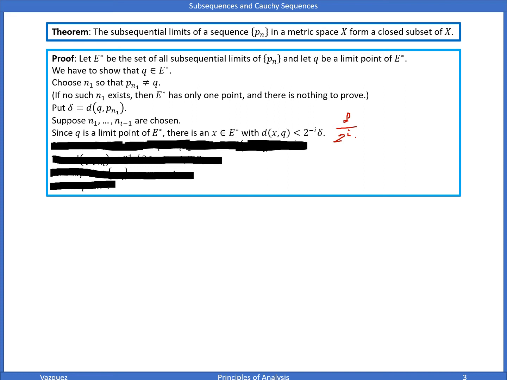So since Q is a limit point of E star, there's an x in E star such that the distance between those two points, x and Q, is less than delta over 2i.